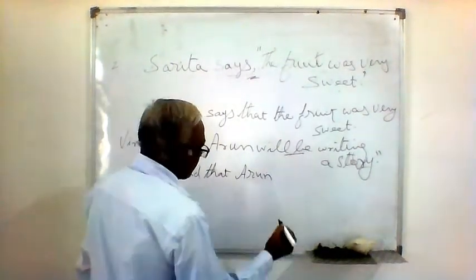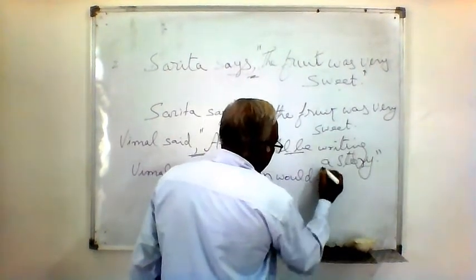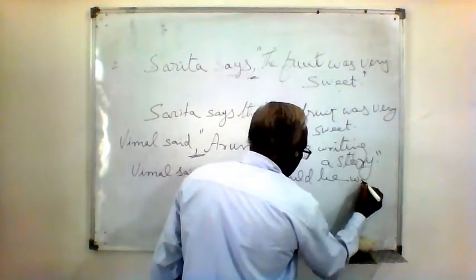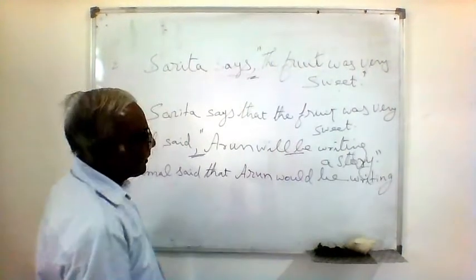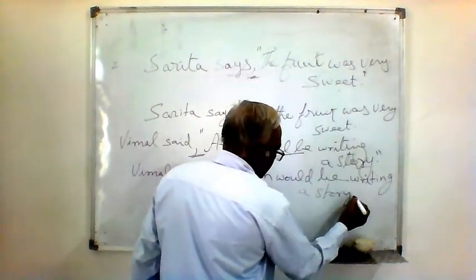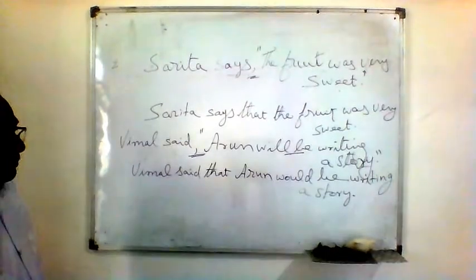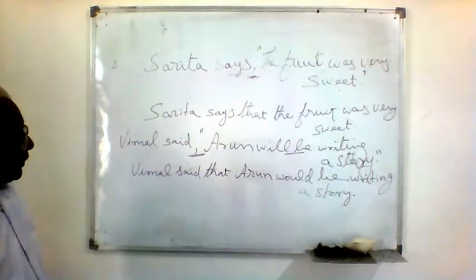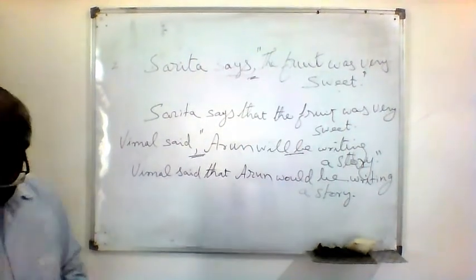It changes into past form. Arun would be writing. Arun would be writing a story. There it is. Vimal said that Arun would be writing a story. We have kept the meaning intact without any change.